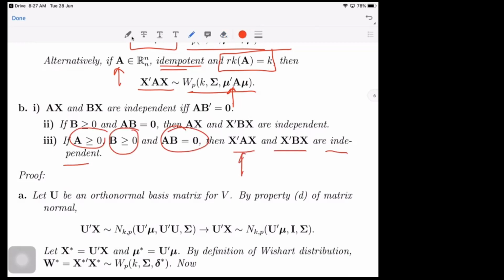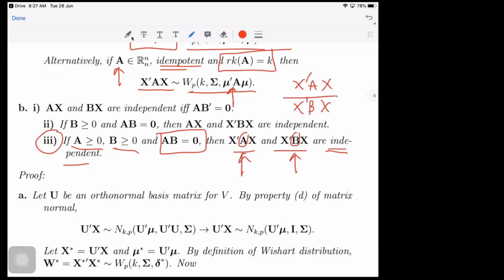If you can write it in this quadratic form and get the matrices A and B there, and check if those matrices are non-negative definite, and if you multiply them the product is equal to 0, then you can conclude that they are independent. So if your F is a ratio of this form, there should be an assumption that they are independent. So you can use this theorem.